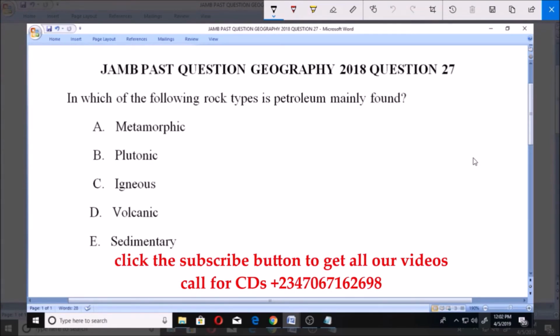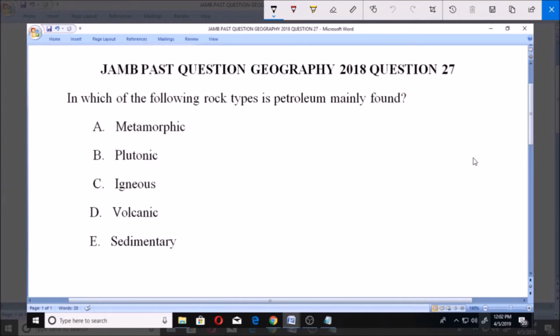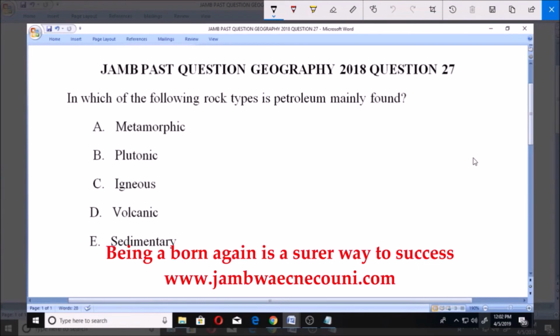Now, from our knowledge in rocks and rock formation, we know that sedimentary rock is the type of rock that bears petroleum.